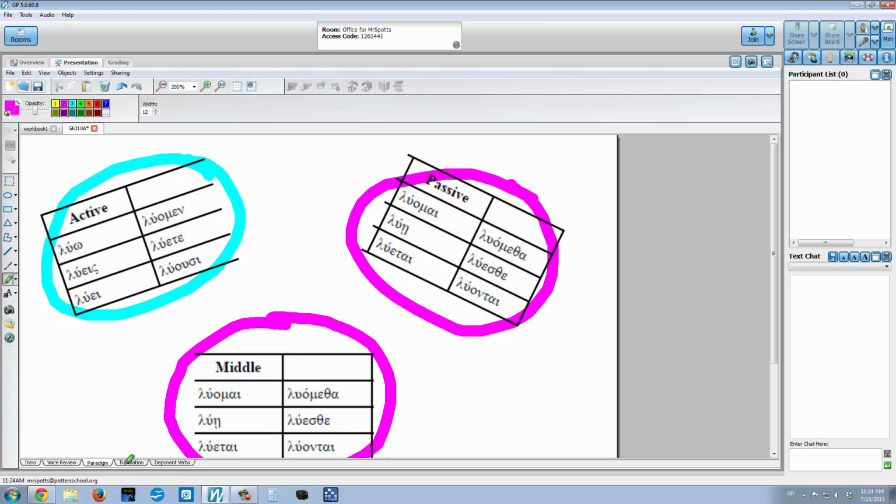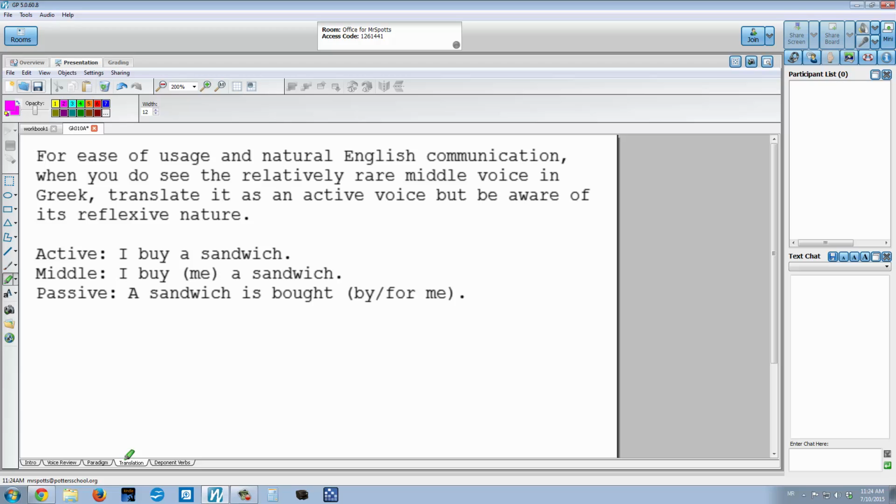Now, let's look again at how to translate. The middle voice in Greek is really pretty rare. You are not going to see it very often at all. It is not lurking under every bush waiting to jump out and scare you. But when you do see it, translate it as if it's an active voice, but be aware of its reflexive nature.